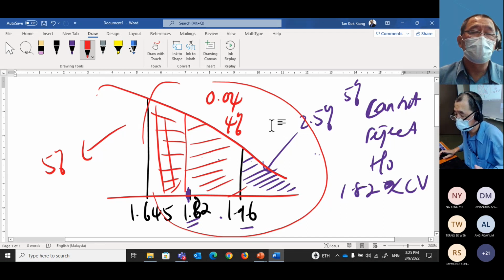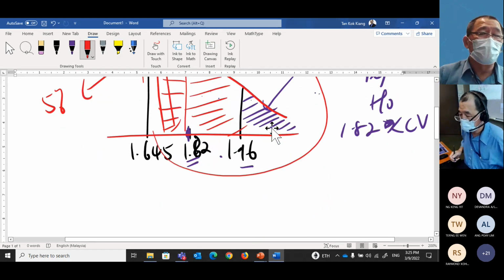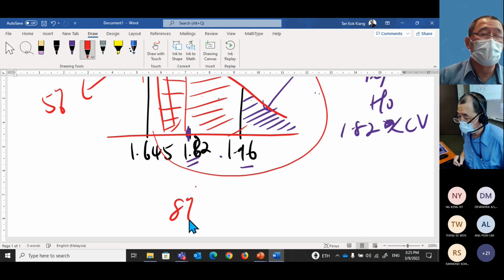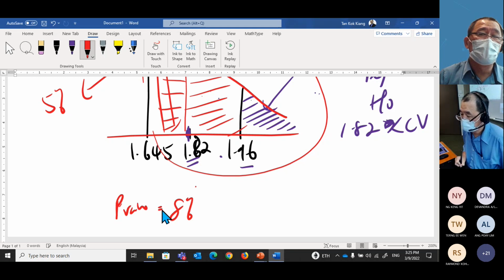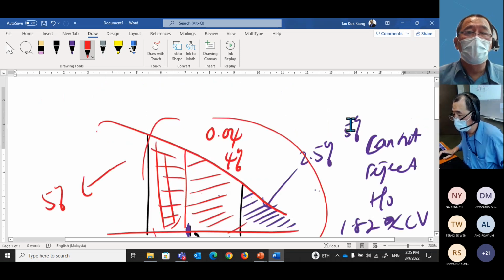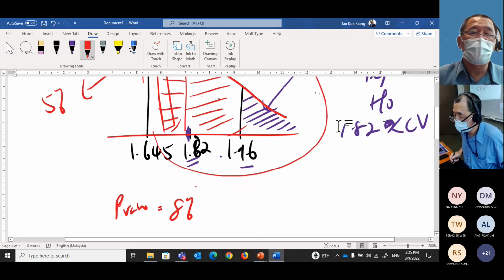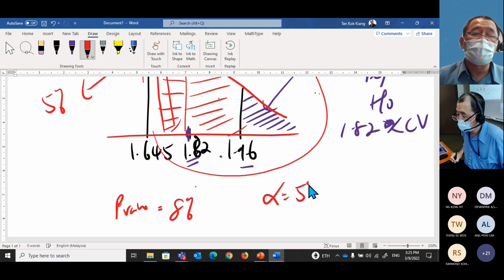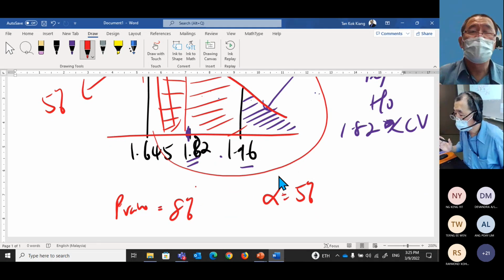Let's say 4%. Of course, we should use the whole diagram, therefore it's 8%. This p-value is 8%. But you see, 2.5%, actually we call this alpha. When we consider two tails, it will be 5%.